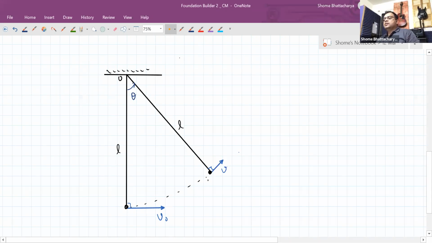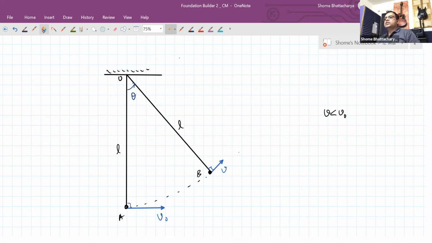On the other hand, the gravitational force acting on it has a component which is acting opposite the velocity, so that is providing the tangential deceleration. Okay, so this is the vertical circular path. As you can see, v will become less than v naught. So this is the point A and this is the point B.